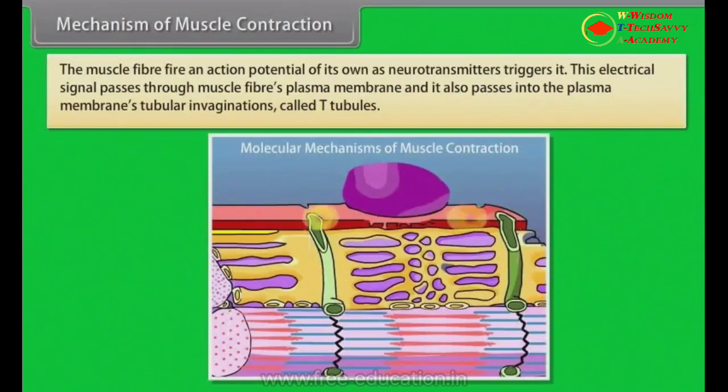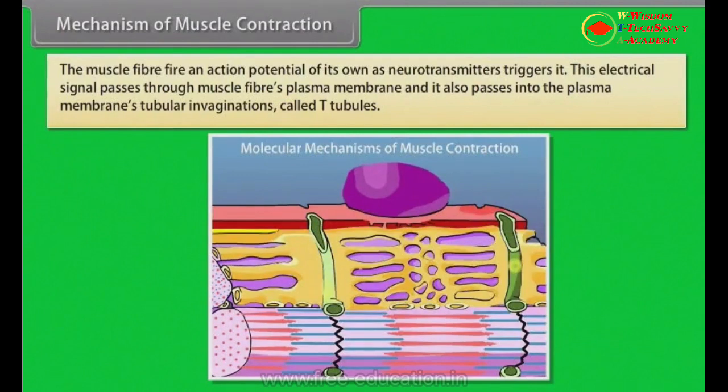The muscle fiber fires an action potential of its own as the neurotransmitters trigger it. This electrical signal passes through the muscle fiber's plasma membrane, and it also passes into the plasma membrane's tubular invaginations called T-tubules.